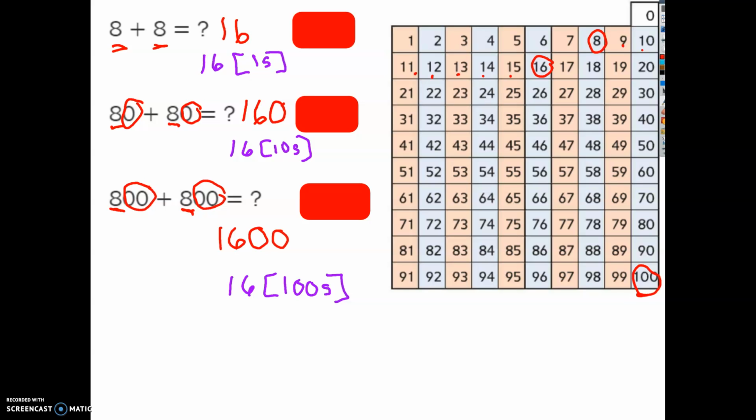Now, I really can't do 80 plus 80. Here's 80. To add on 80 more, I only can go 10, 20, and I don't have any more numbers left. So that's why it's really important that we get to know our basic facts, because knowing our basic facts can help us solve larger problems.